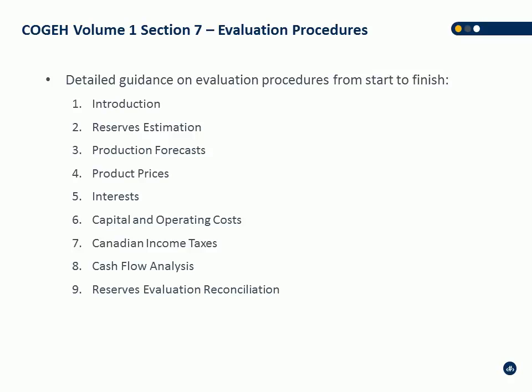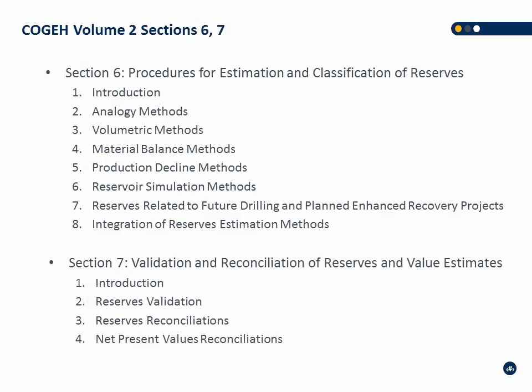It has volume 1, which is what this is talking about. This is probably 20 or 30 pages, so it has basically a couple of paragraphs on each of these sections. It's fairly high level. Volume 2, which is the detailed guidelines, came out well after COGEH and goes into a lot more detail. So there are 2 sections in Volume 2 specific to estimation and evaluation of reserves.